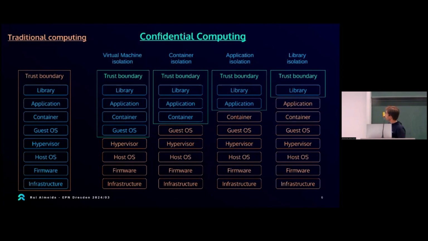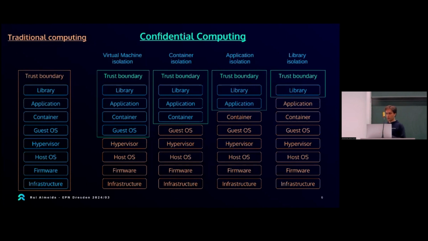Now, let's look at the different types of isolation that we have in confidential computing and also traditional computing, which basically means we have to trust every single layer on the left there, from physical access to the hardware all the way up to the operating systems and the applications running on it. If there is a compromise in any of these layers, that may result in user data getting compromised.